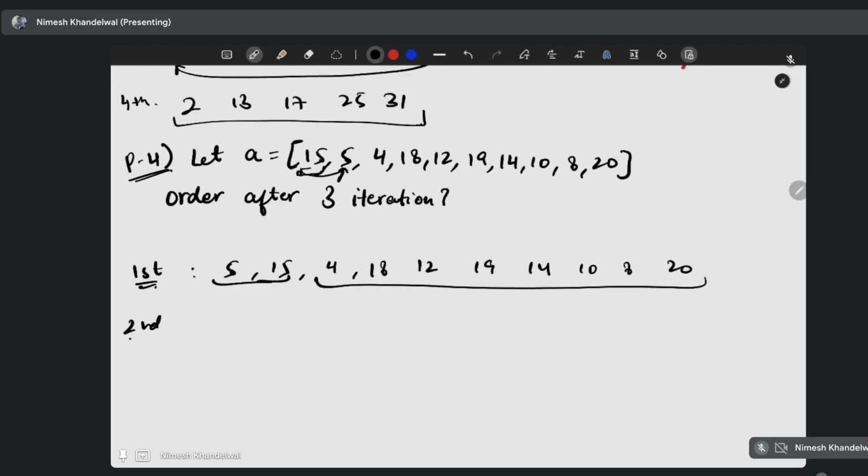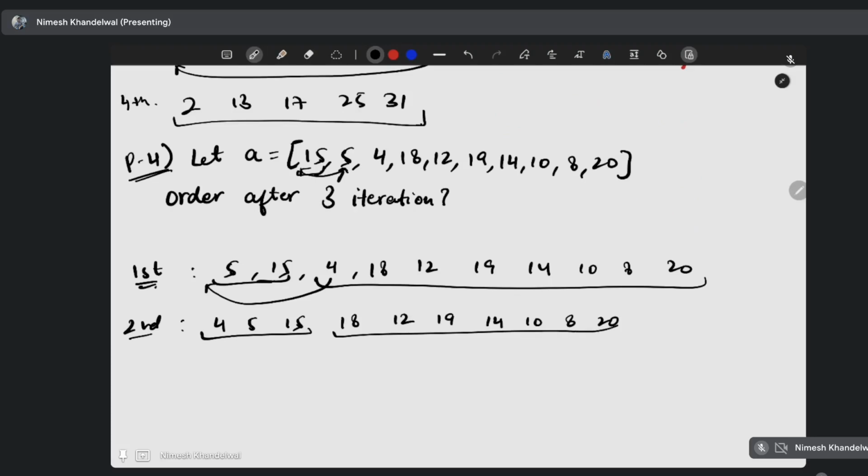We perform the second one. So we take 4, we put it at its place, right? So it will become 4, 5, 15, 18, 12, 19, 14, 10, 8, 20, right? So this is the sorted, this is the unsorted section.